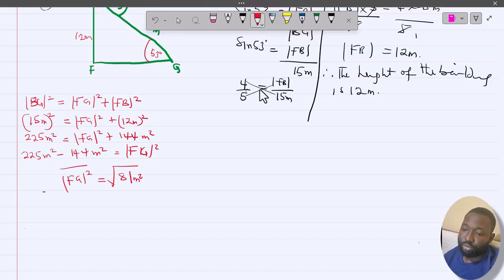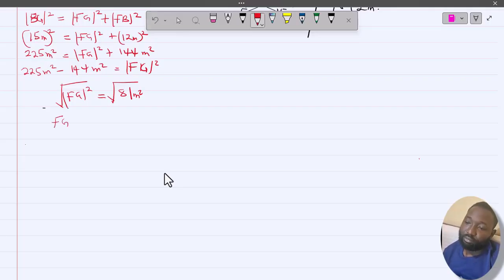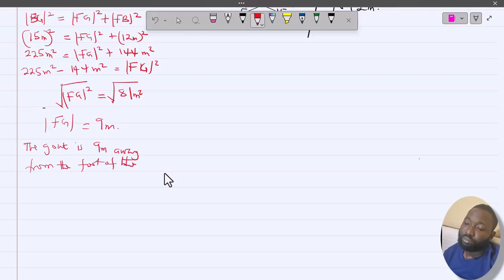Take the square root of them. Then we are going to have our FJ, that's 9 meters. So you can say that the goat is 9 meters away from the foot of the building. That's all.